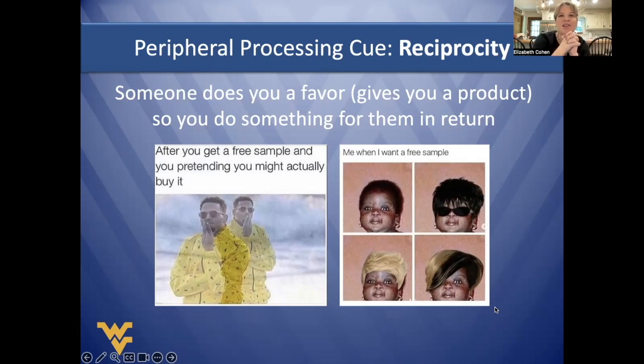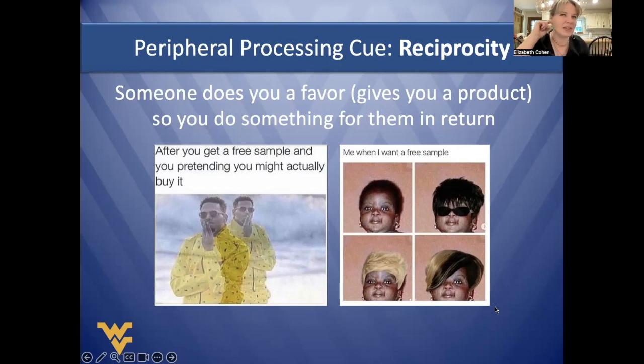Reciprocity is when somebody does you a favor and then you feel obligated to return that favor by buying something. My favorite example is the free samples at Costco. They always have somebody in the back with delicious pigs in a blanket or cheese balls, so that when you're shopping they give you a sample, and then the whole point is, oh, maybe I should go ahead and buy this.